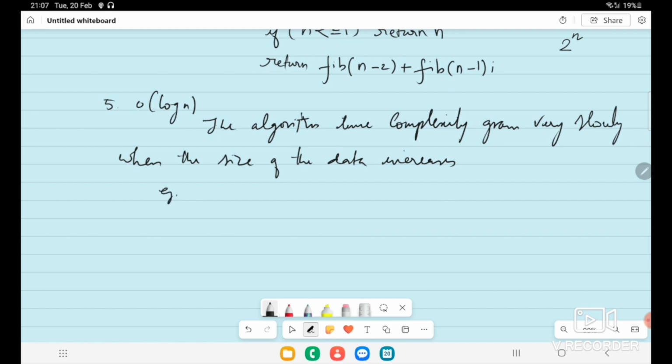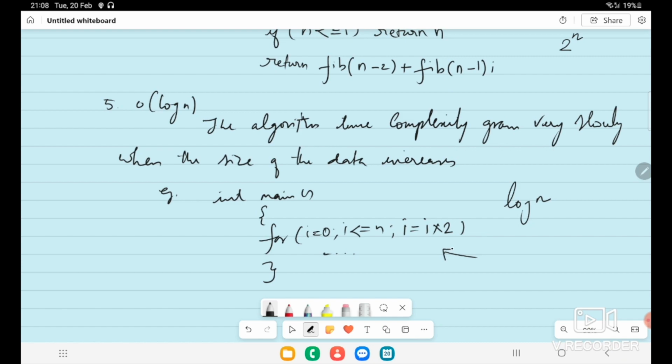For example, int main, for i equal to 0, i less than or equal to n, i equals i times 2, some code under the for loop. So this kind of algorithm takes log of n.